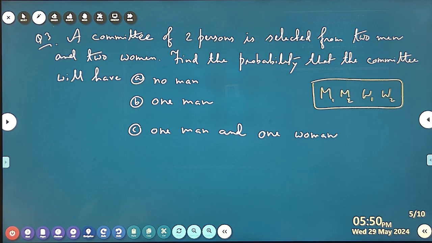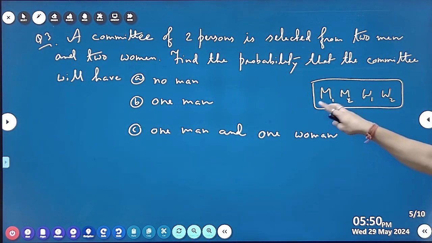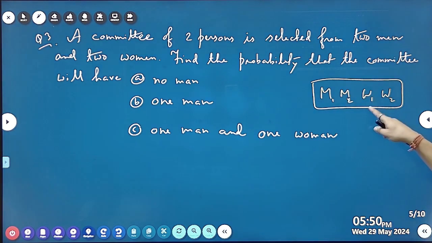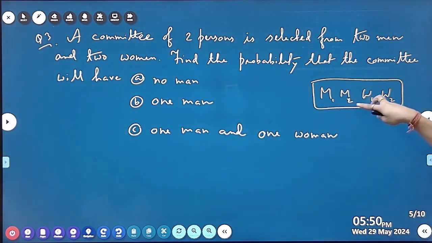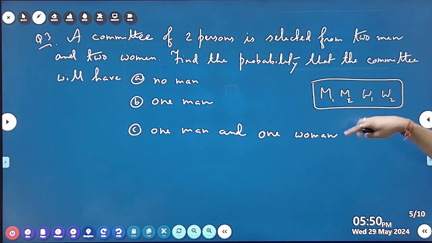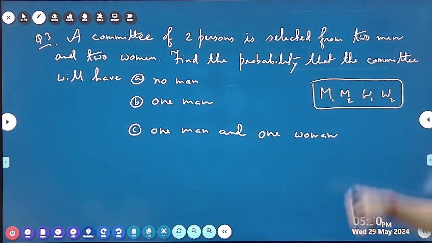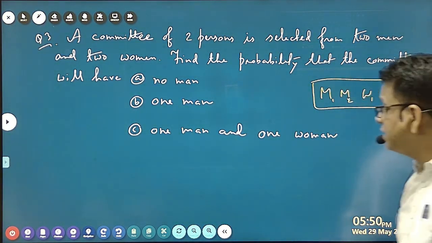Now, from here, man 1 and man 2 both can be there, man 1 and woman 1 can be there, first man, last woman. So these are the possible committees. We are taking any 2 from there, and that means it is a situation of combination.